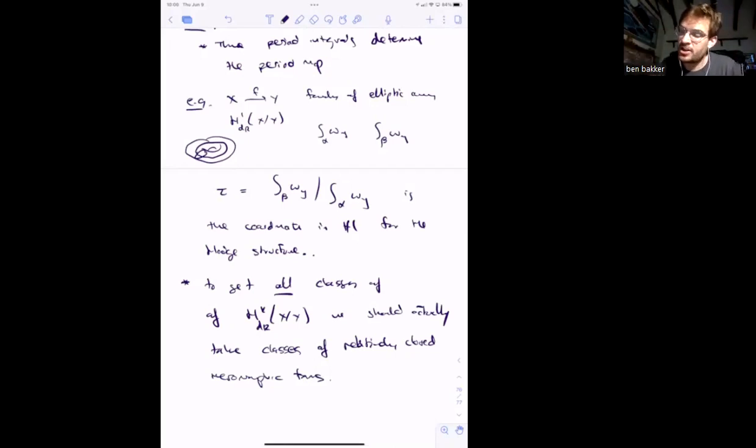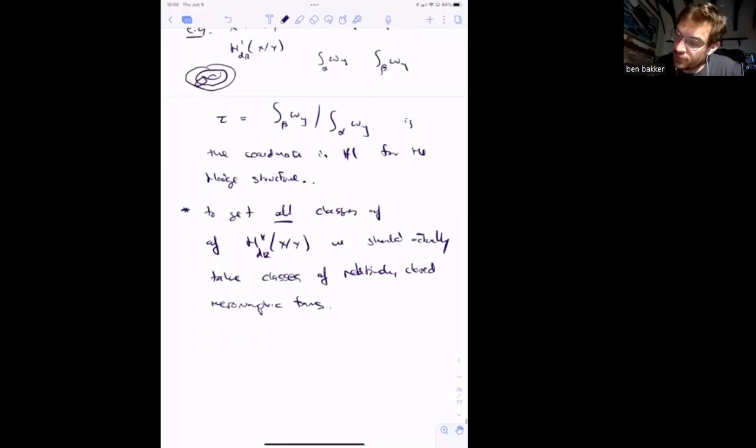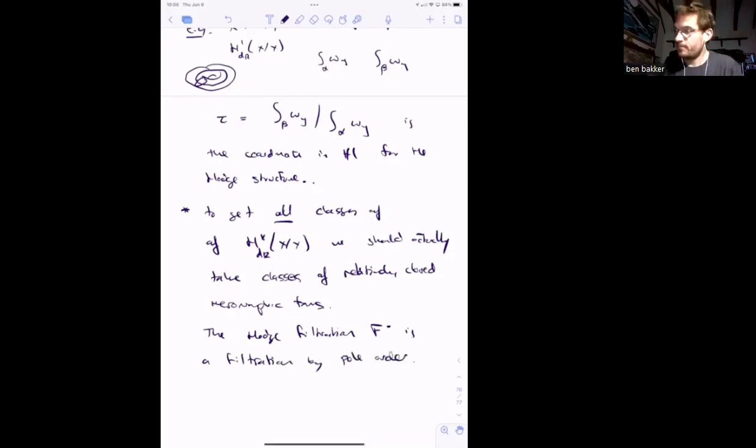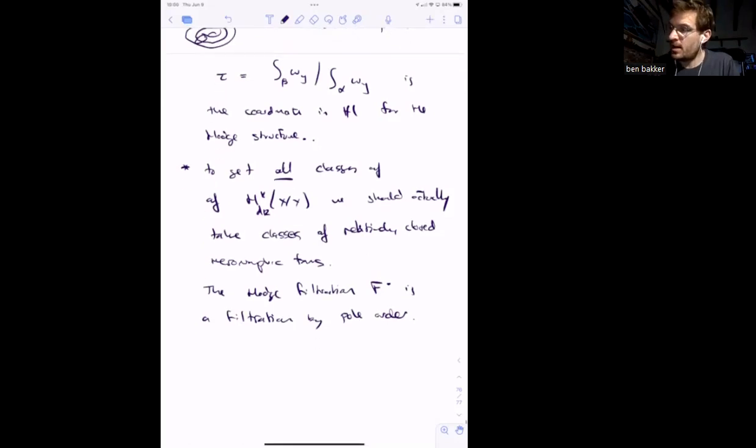And that's in fact a general fact: the Hodge filtration F dot is a filtration by pole order.